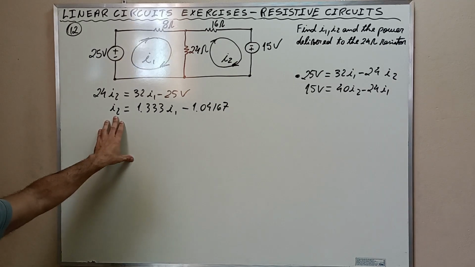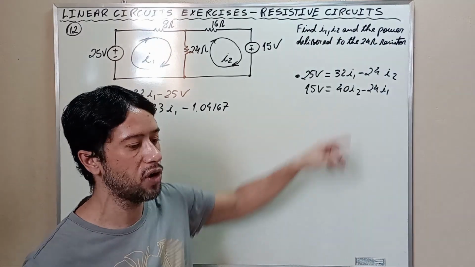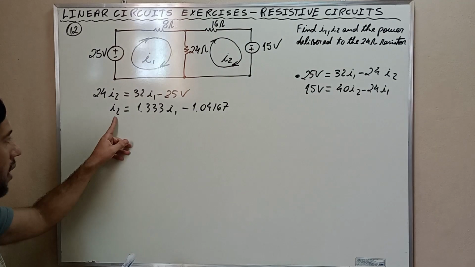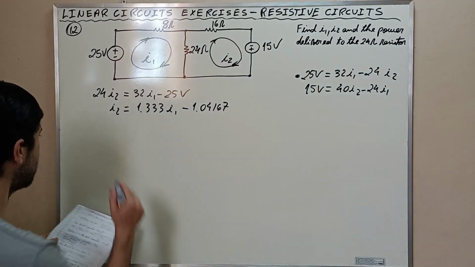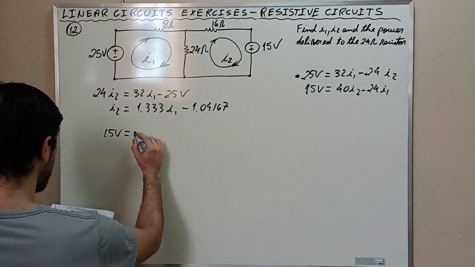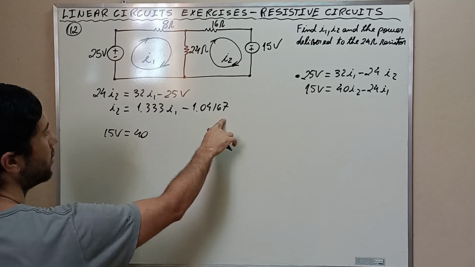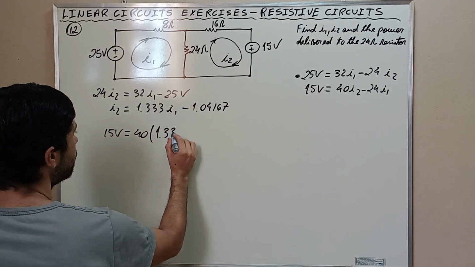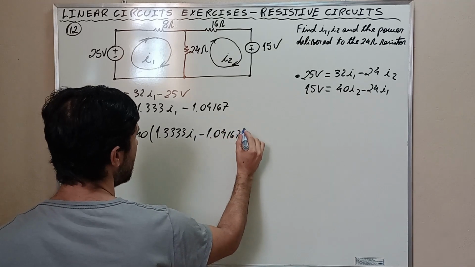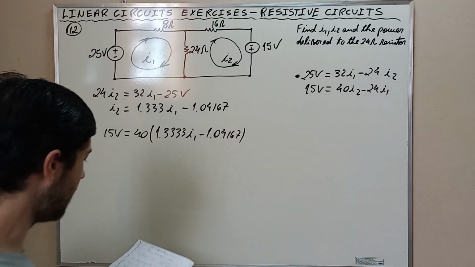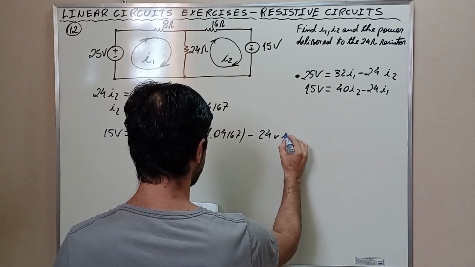We are going to use this value of I2 that we just found here. We are going to substitute it here to find the value of I1. Applying the expression for I2 in this second equation, we find that 15 volts is equal to 40 times I2, and I2 is 1.3333 times I1 minus 1.041667, minus 24 times I1.